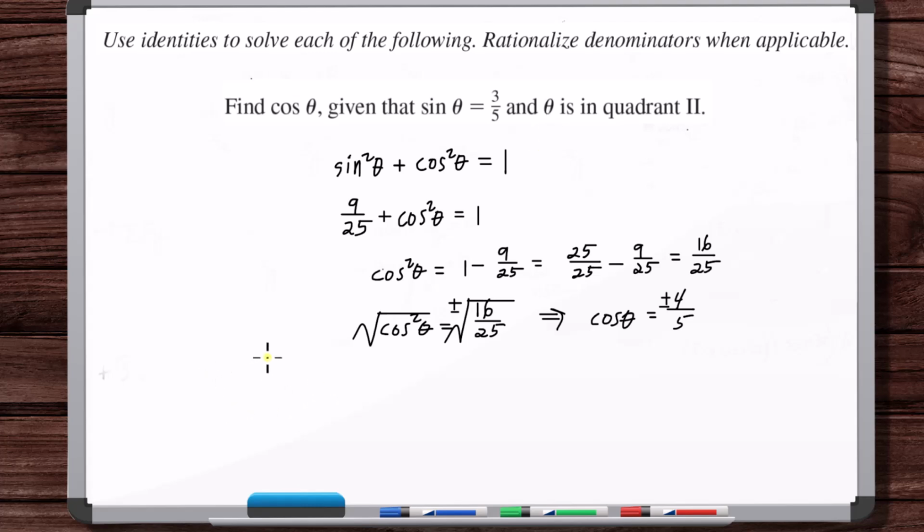Cosine is adjacent over hypotenuse, and in quadrant 2 the x value is negative, so cosine is going to be negative. If sine theta is equal to 3/5, that's possible, since sine is positive in quadrant 2. So if sine theta is 3/5 and theta is in quadrant 2, cosine theta can't be 4/5. It has to be negative 4/5.